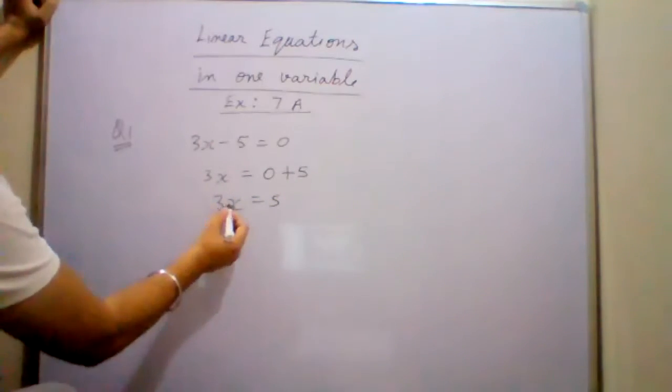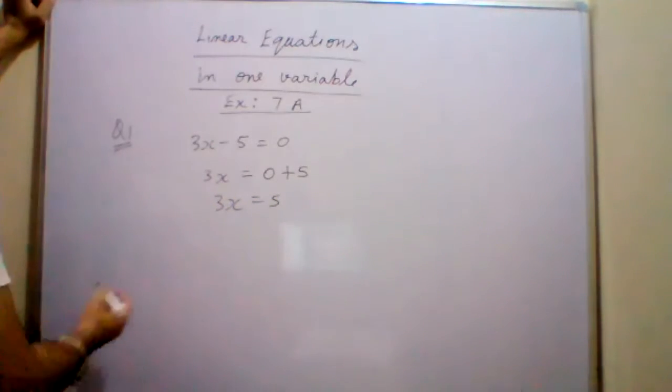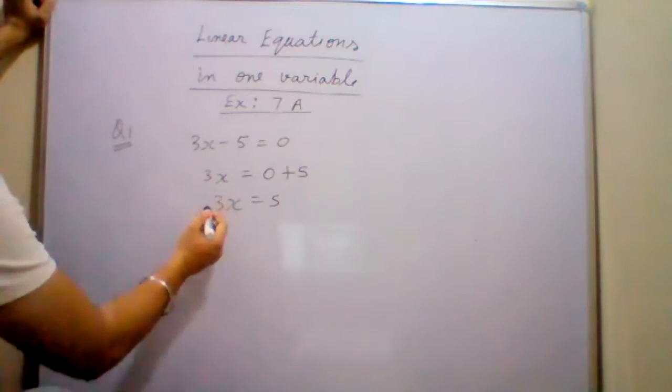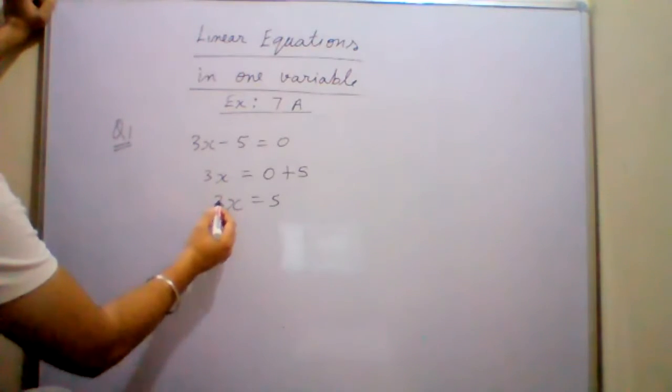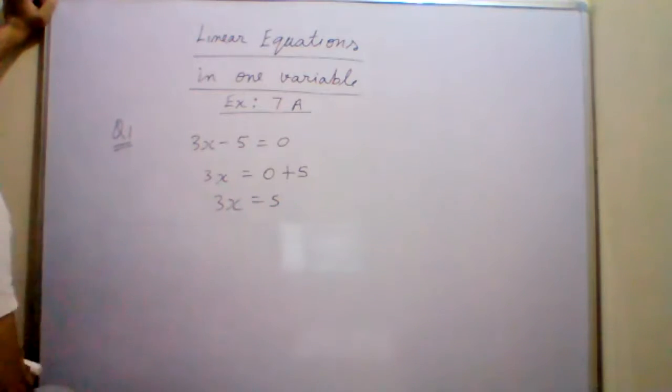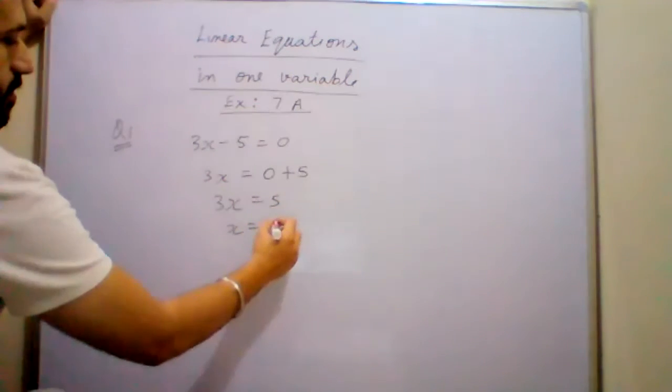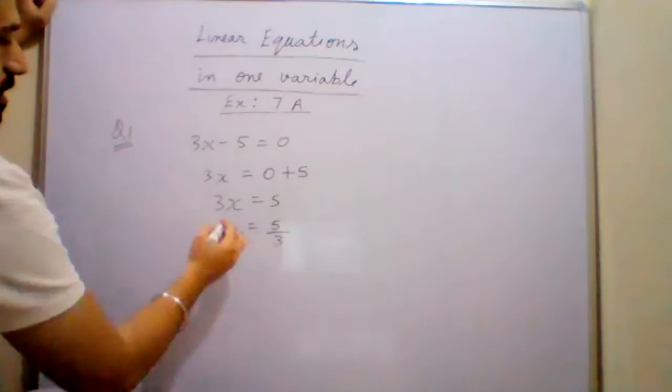Now this 3 is in multiplication with x. So when you remove 3 from the LHS and take it to the RHS, it will go in division. So x is equal to 5 upon 3.